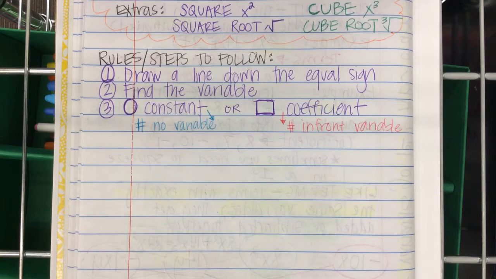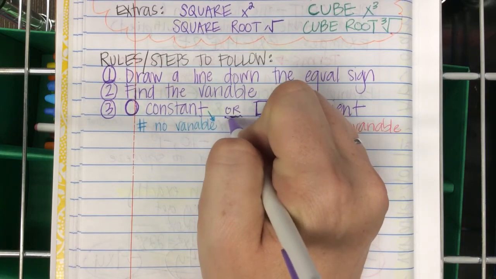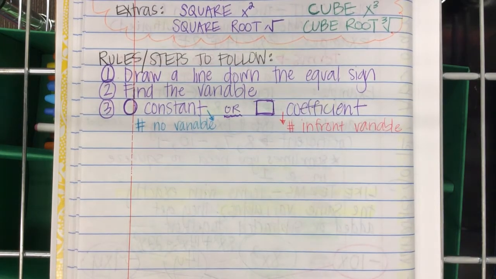You only do one. Either there is a constant, so you circle it, or there's not. And if there's not a constant, that means there's a coefficient, so you draw a square around it.